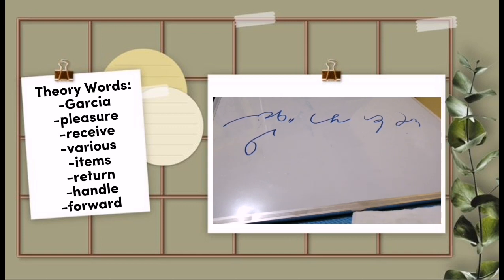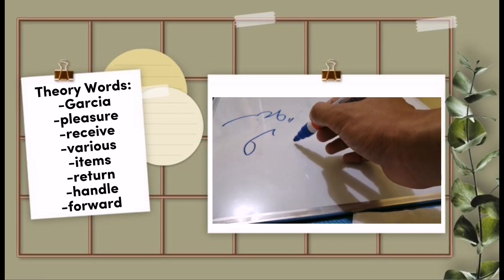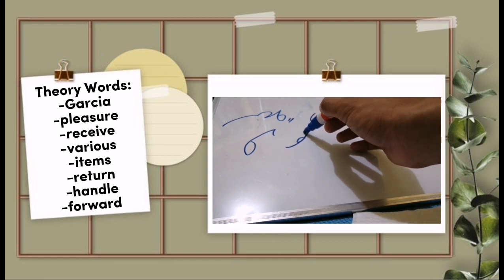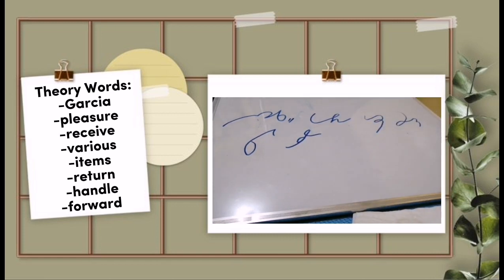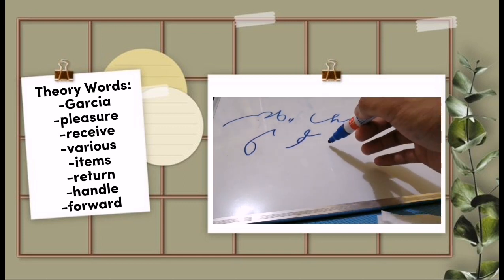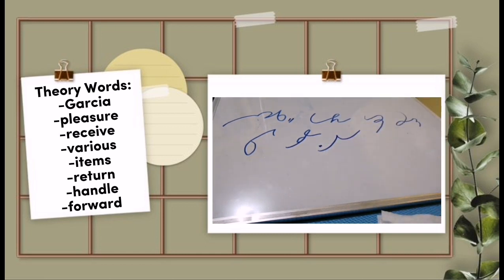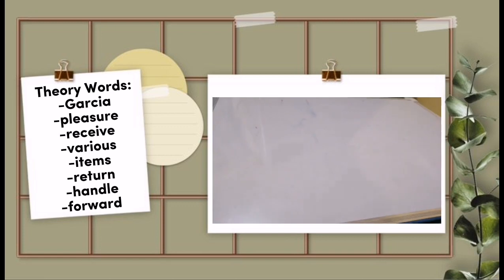Next word, we have the word returns. And next word, we have the word handle. For our last theory word, we have the word forward. And that is for our theory words in lesson 42.